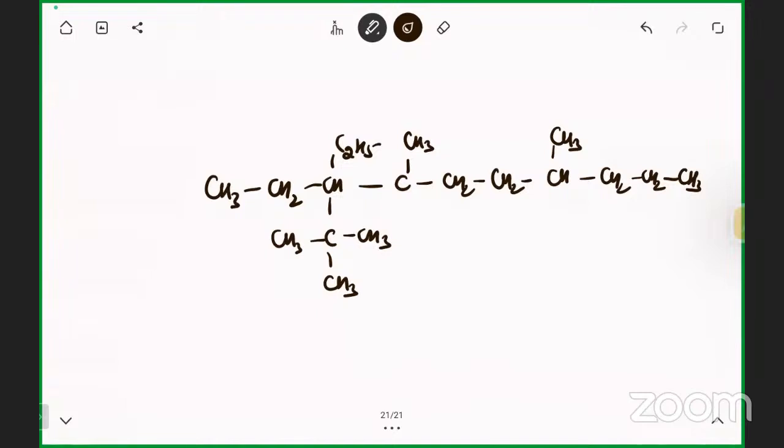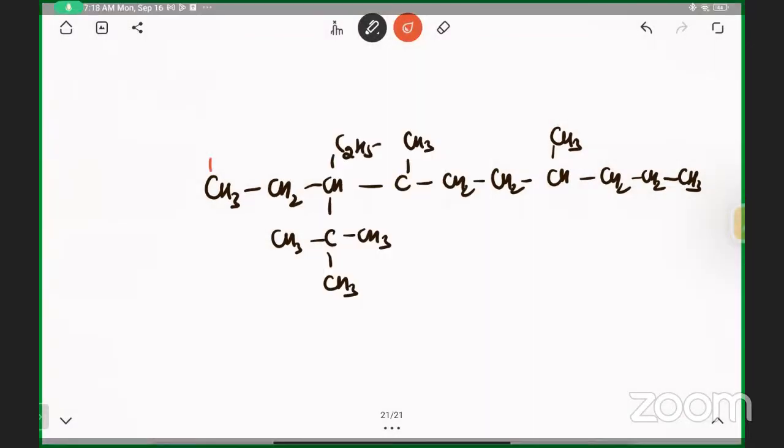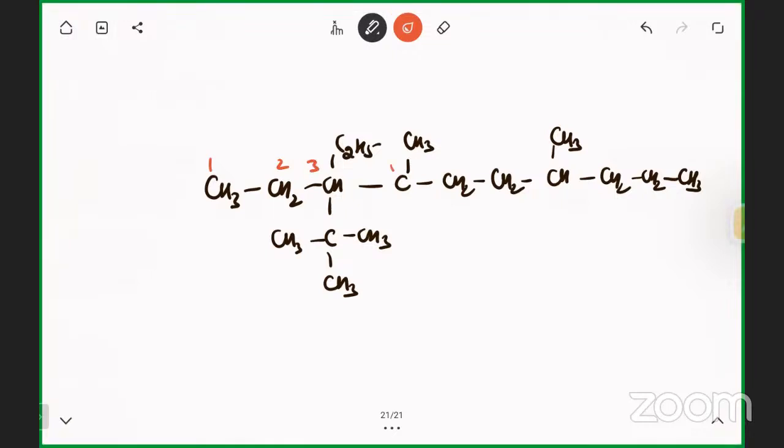Done. Okay, I'm writing the name. Check your name. Okay, so 1, 2, 3, 4, 5, 6, 7, 8, 9, and 10. So we have 10 carbons in the main chain.